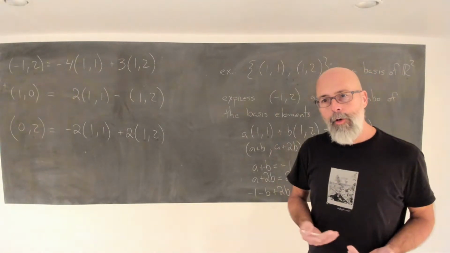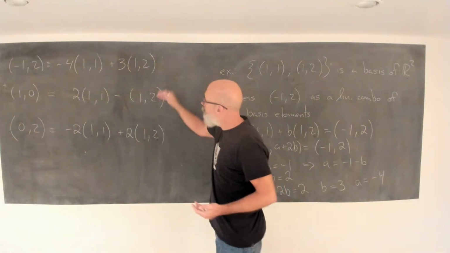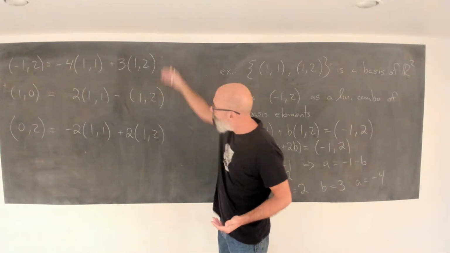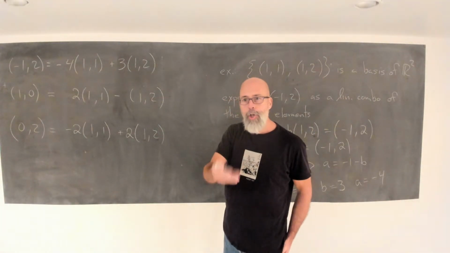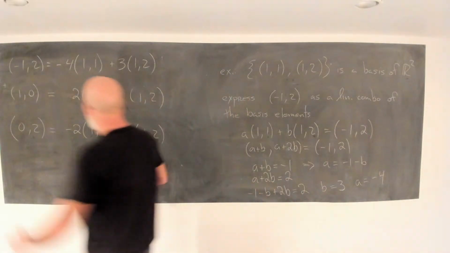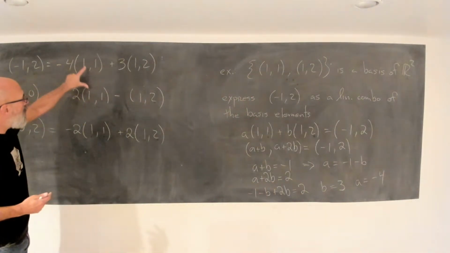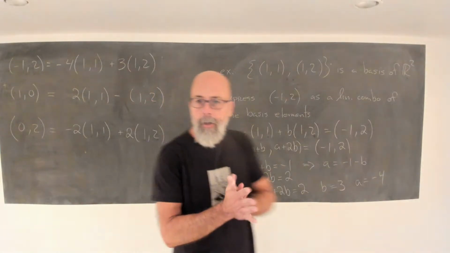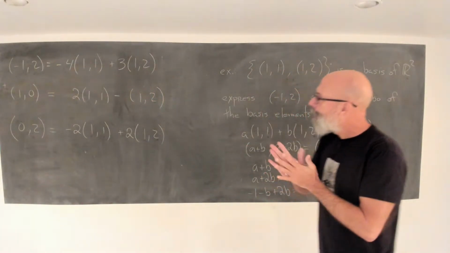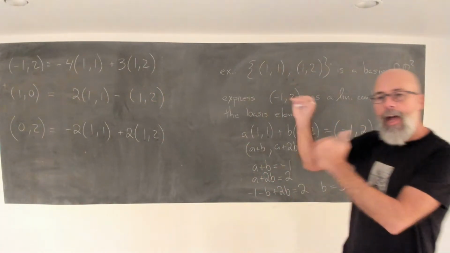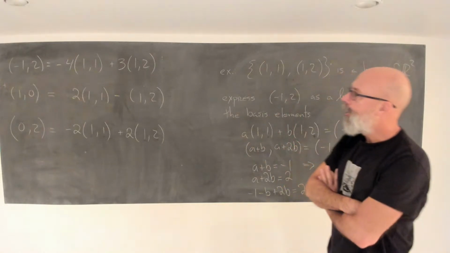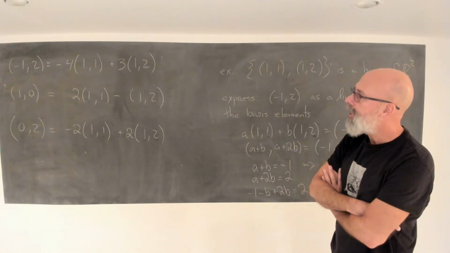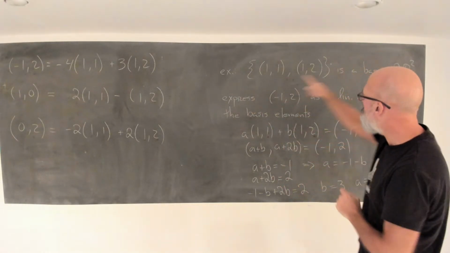All that's important, as we saw here, when we're adding these two things, we're really just adding the coefficients of each of the vectors. So we're really just adding the coefficients of each of the basis elements.